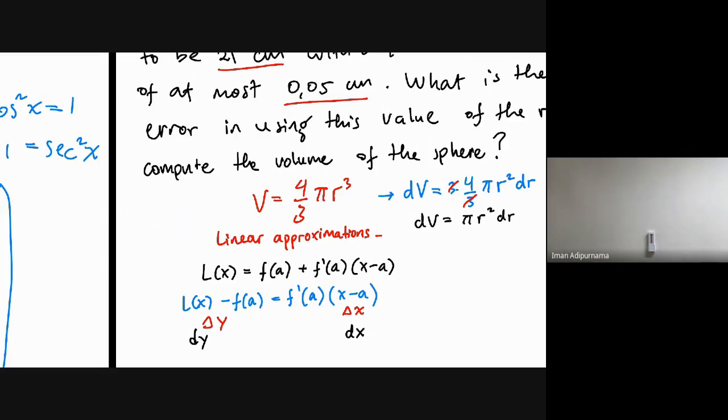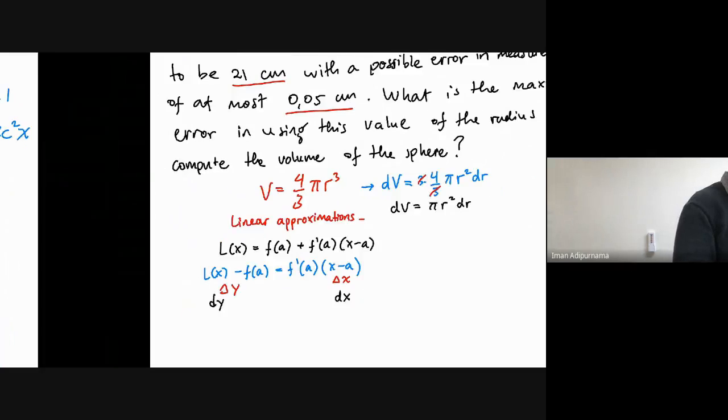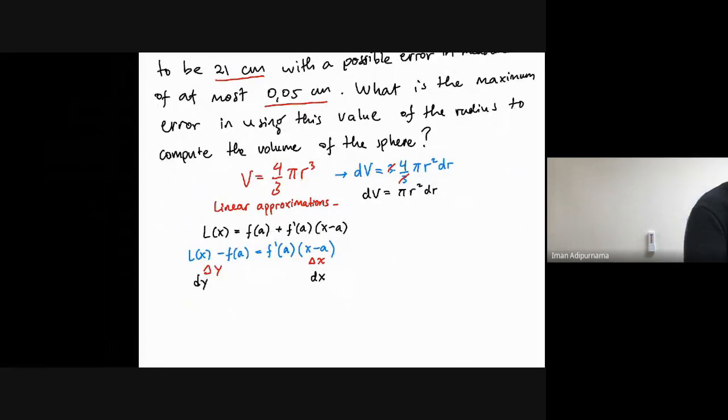Okay. Now to solve this, we need to check what 21 and 0.05 mean. Okay. So the radius. Let me write the radius. So radius is 21. Okay. The error is 0.05. The error.